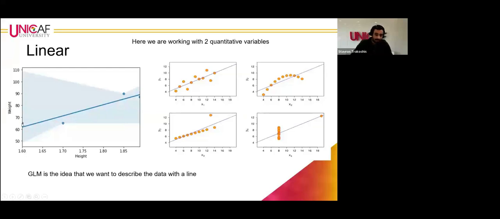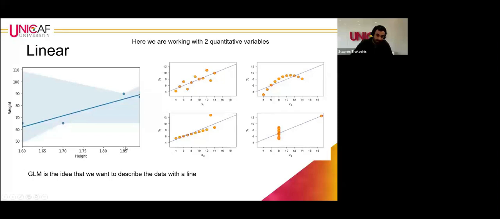So this guy here, or this girl, is around 65 kilograms in weight and 160 centimeters in height. This person here is 170 centimeters in height and 62 kilograms in weight.